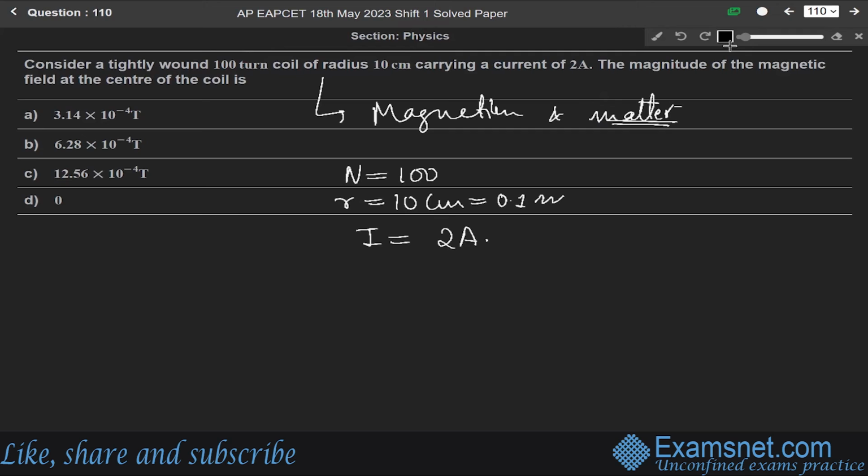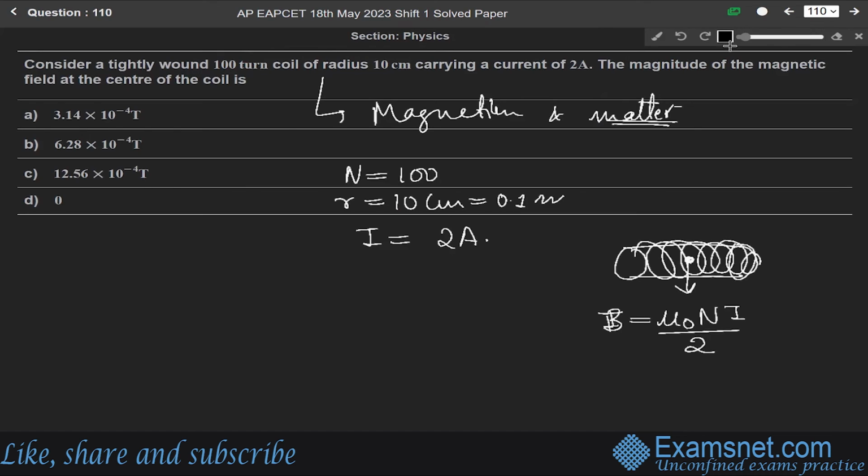The magnitude of magnetic field at the center of the coil. We know that, let us say this is the coil, wound coil, and we know that for a solenoid, the magnetic field at the center of this coil is mu naught N I over 2R.